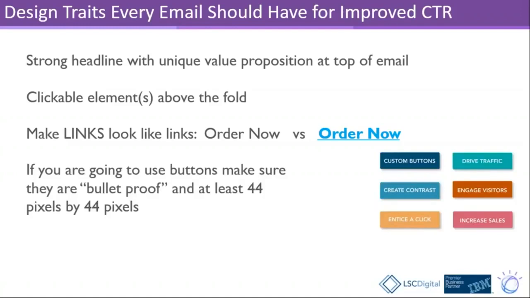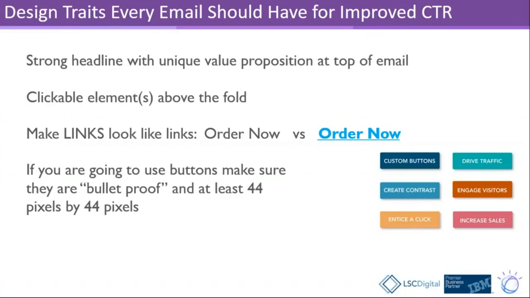Also, another thing, and I still see this to this day, is use what's called bulletproof buttons. I still see buttons that are images. Well, once again, if your image gets blocked, people can't see it. And it's a very simple snippet of code. I encourage anybody, go on Google and just do a search for bulletproof button. It's very simple HTML code.